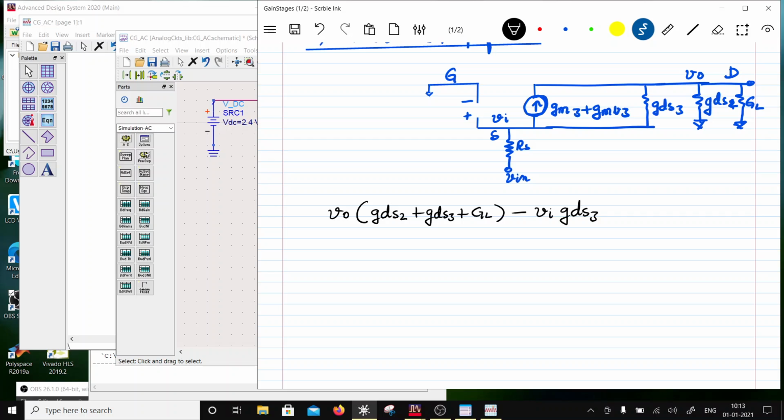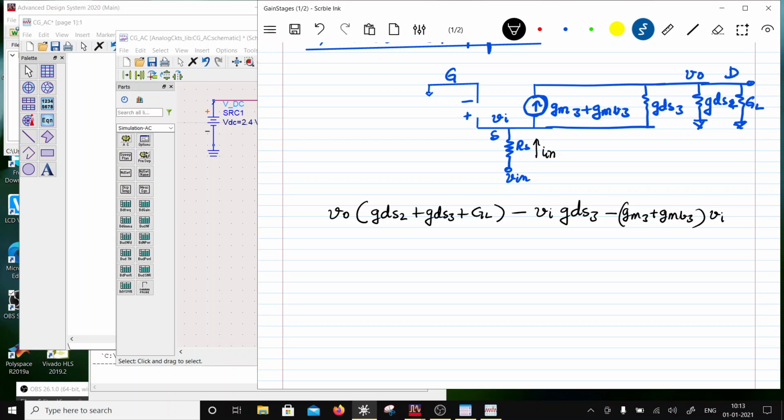And then account for all the sources. Currents flowing in are going to be negative, so minus gm3 plus gmb3 times VI, and then the current. Let me consider one more current. Let's say this current flowing in is IN.